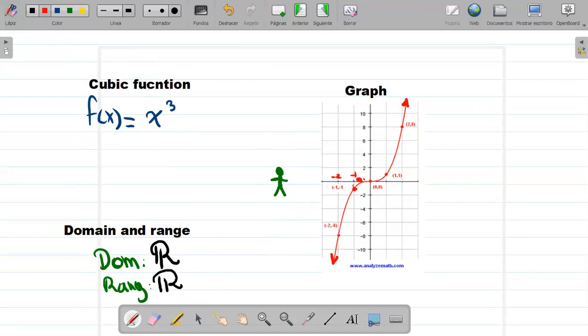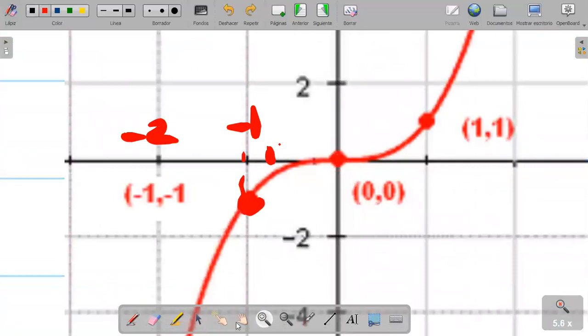Of course, between 0 and 1 there are many more values, infinite values, included here that have a representation in the graph. What about the values between 0 and 1? All of them are included, all of them have a part of the graph.